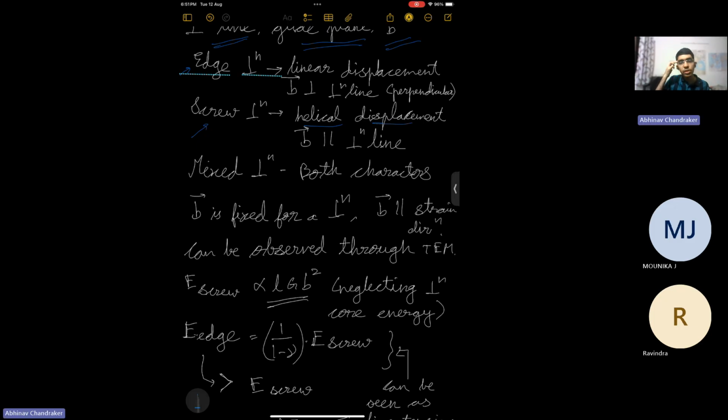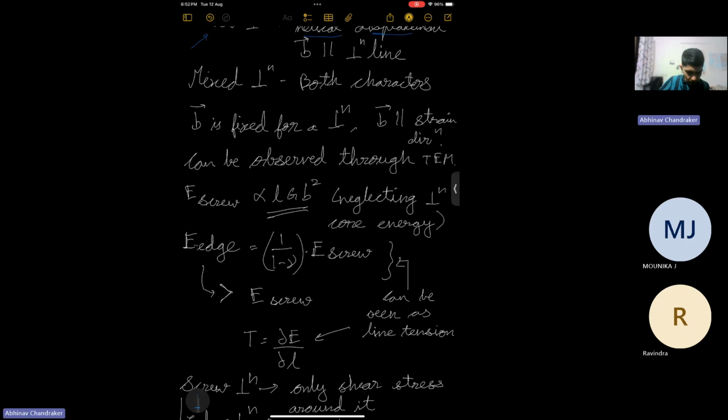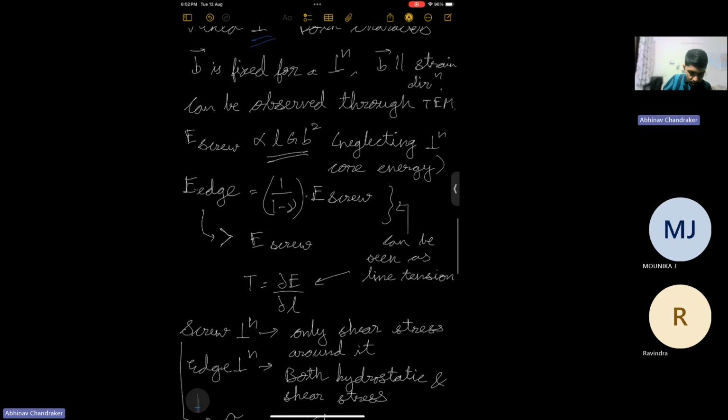So one dislocation will cause one atomic displacement, one bond length of displacement, and it will be of helical nature. If you see the image, you can visualize this better. We can also have mixed dislocation having both characters.